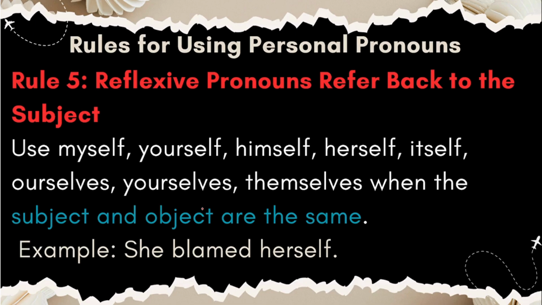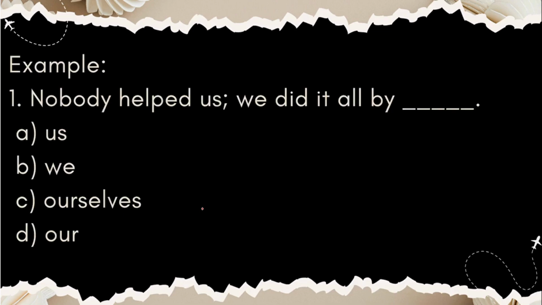You refer back to the subject. For example, she blamed herself. Can you see? The subject and the object are the same. She is talking about herself, right? She and herself are about one person. She blamed herself, not she blamed him. Okay, now let's see some examples.